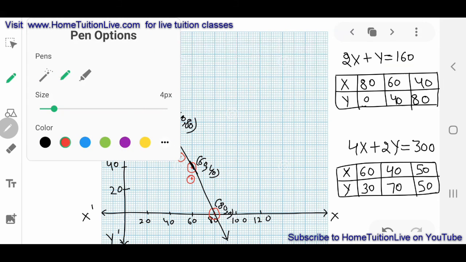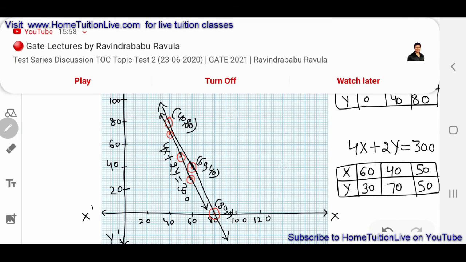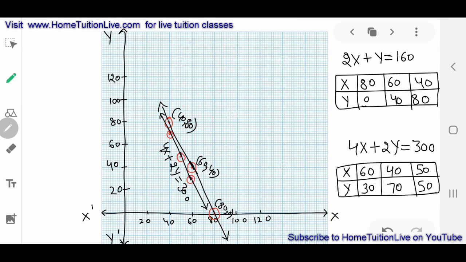Now join these points carefully. Again you will get a straight line. This line is for 4x plus 2y is equal to 300. We cannot say that this line is straight here, but if you draw it with the help of a scale, it will be a straight line.